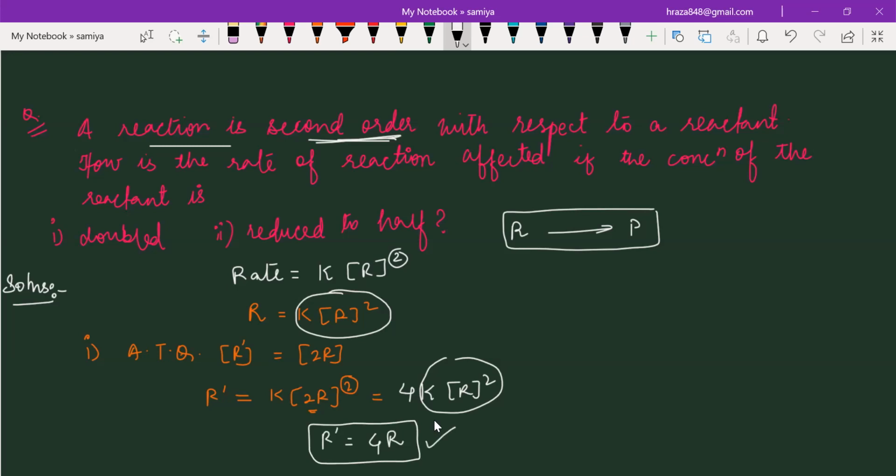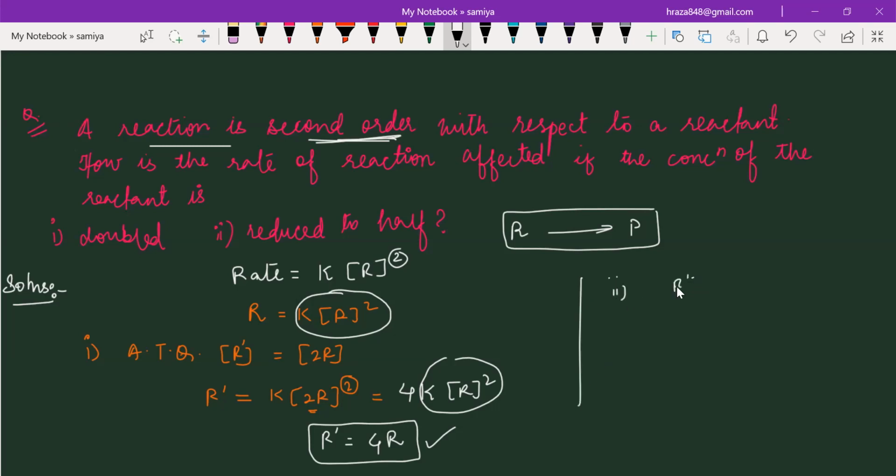Please do write it. In the same way, you can go for the second case.